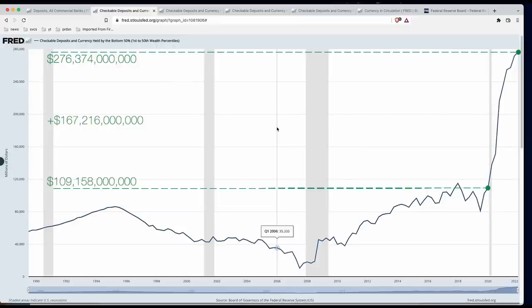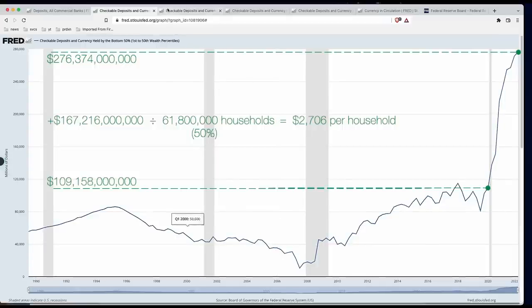The 123.6 million households means that the bottom 50% by definition has 61.8 million households. So if you divide this out, the gain of $167.2 billion divided by 61.8 million households gives you $2,700 of extra deposit money sitting in the average household account for the bottom 50%. And if we just go through the other numbers, I'll just quickly run through them.